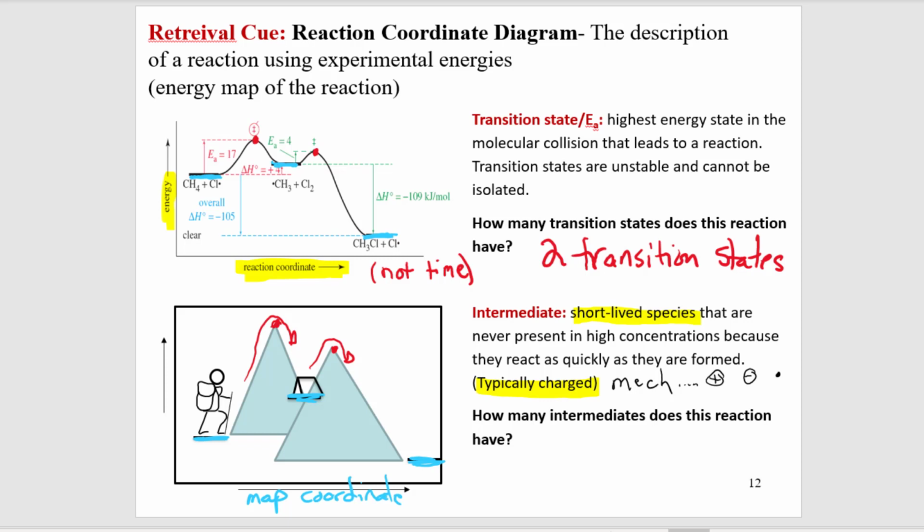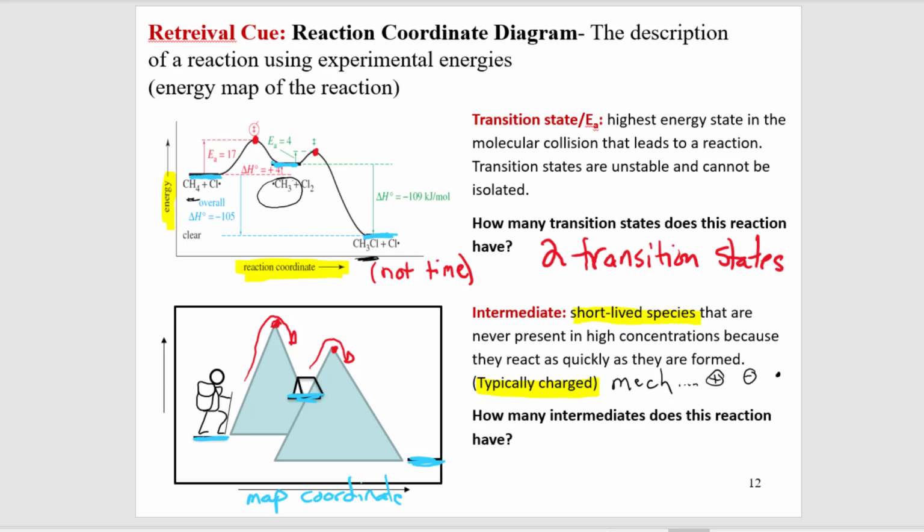And if you check out the energy coordinate diagram for the methane, if you recall the mechanism, right, we formed a CH3 radical at one point. So on our carbon-based species, it went from neutral CH4, starting material, to neutral CH3Cl, product.